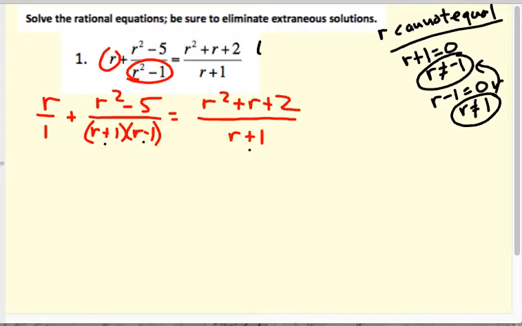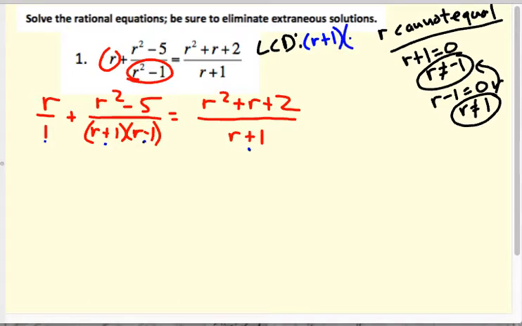So let's find our least common denominator here and start solving this equation. I'm really not worried about the 1. If that was 2, I'd have to have a 2 as part of my least common denominator. I have an r plus 1 here and an r plus 1 here, so I do need an r plus 1, just one of them though, since there's one in each of those fractions.